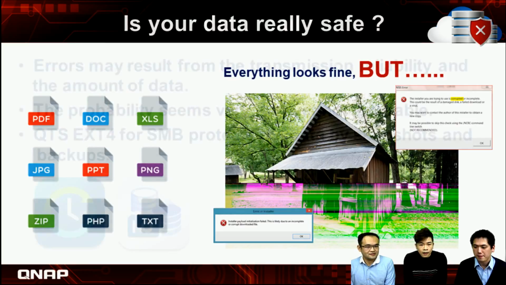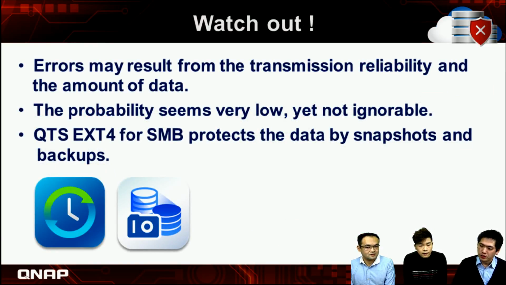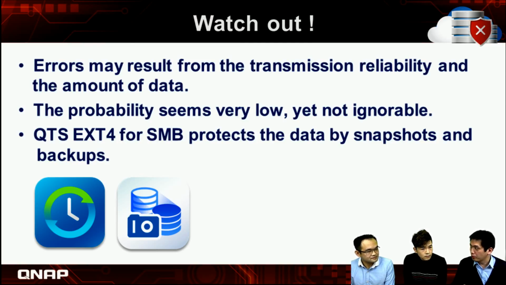So okay, here you can see that in reality you may find we have multiple ways for data corruption to happen, such as data transmission reliability, or the amount of data you need to transmit. The more data you transmit, the more probability the error may occur.